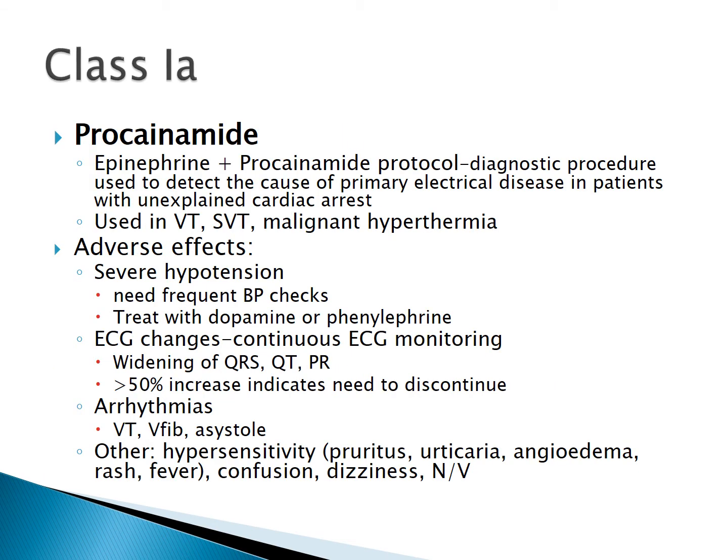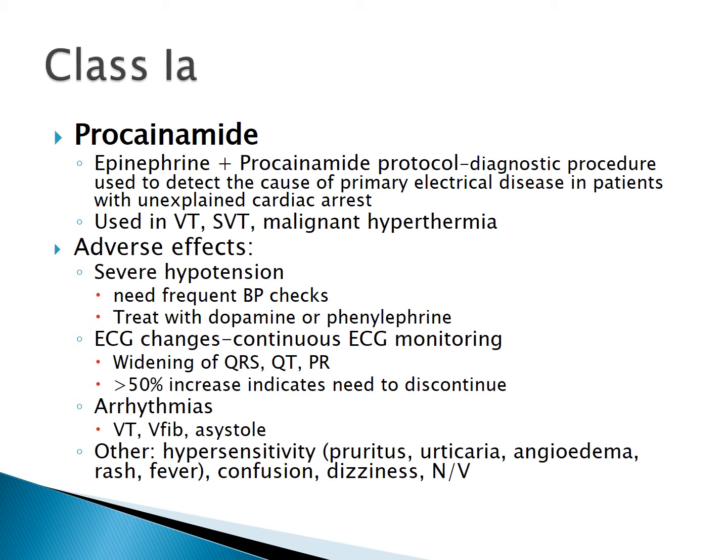I'm going to go into more detail about procainamide, as it will be used in the EP lab for VTs and SVTs, and in the RACE clinic for the epinephrine and procainamide protocol, which is used to detect the cause of electrical disease in patients with unexplained cardiac arrest. It has adverse effects of severe hypotension, which requires frequent blood pressure checks.